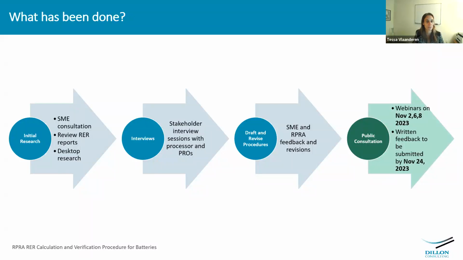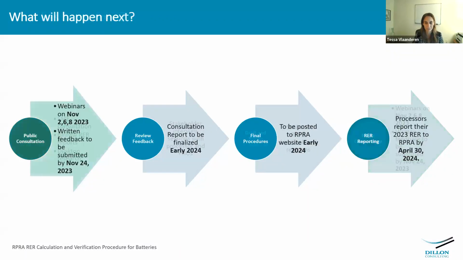And today we're here specifically to talk about the batteries procedure. We will have webinars as well on November 6th and 8th to talk about the electronics, so the EEE and the HSP procedures. And we look forward to receiving your feedback on those procedures by November 24th.